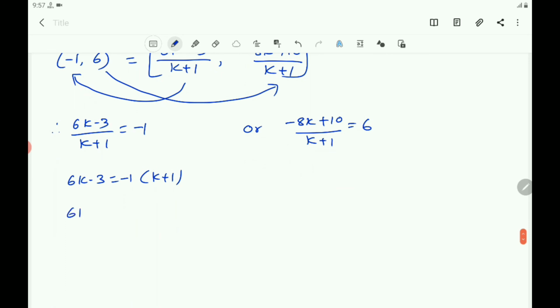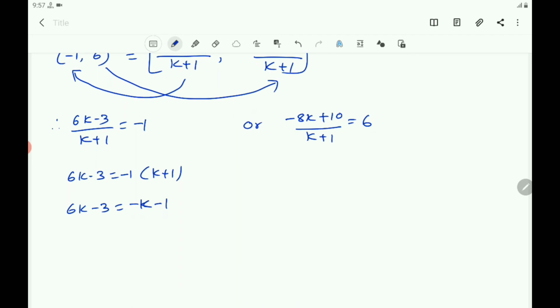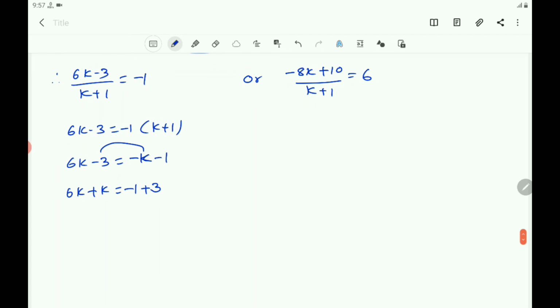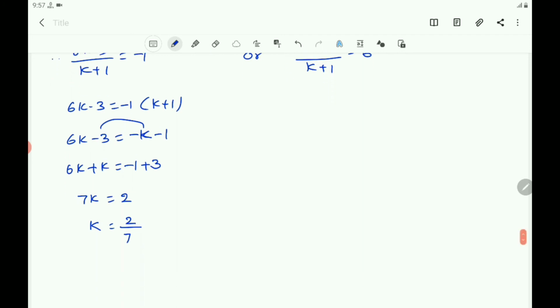Then 6K minus 3 equals minus K minus 1. Then you transfer minus K, so 6K plus K equals minus 1 plus 3. 6K plus K is 7K equals minus 1 plus 3, which is 2. So you got K equals 2 by 7.